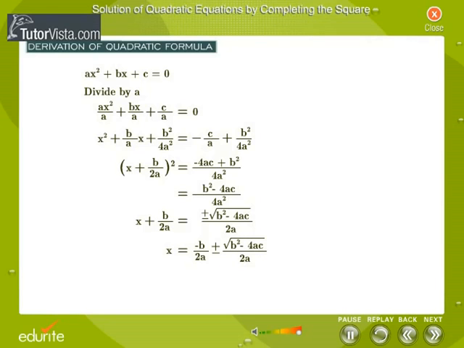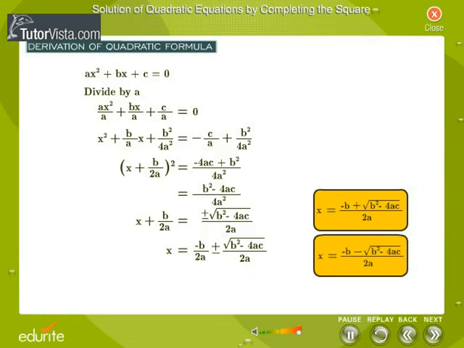The two roots of the quadratic equation ax squared plus bx plus c is equal to 0 are minus b plus square root of b squared minus 4ac divided by 2a and minus b minus square root of b squared minus 4ac divided by 2a.